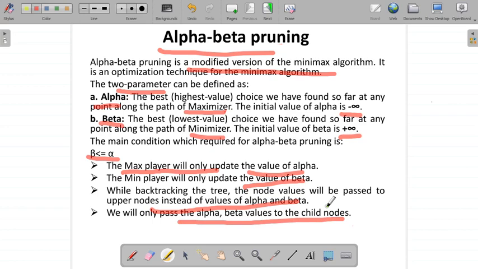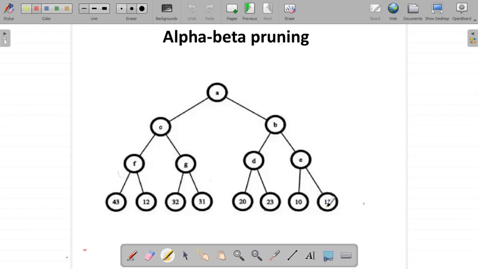Now we are going to see the example of how to prune the tree using alpha beta. So this is the example. This is the root node. It is in maximizer. It is minimizer. It is maximizer.